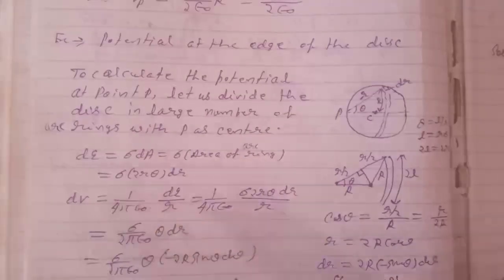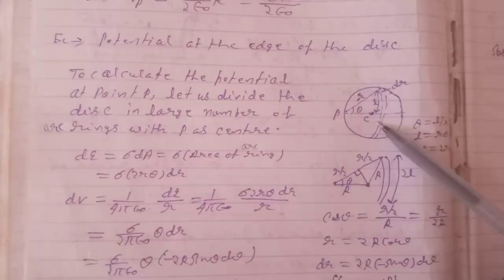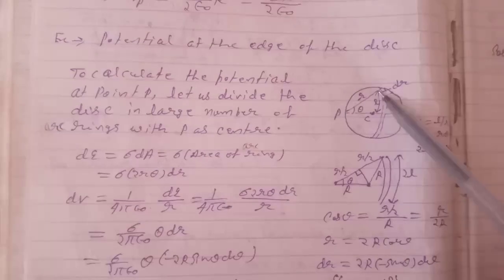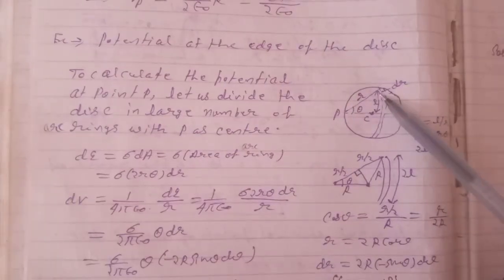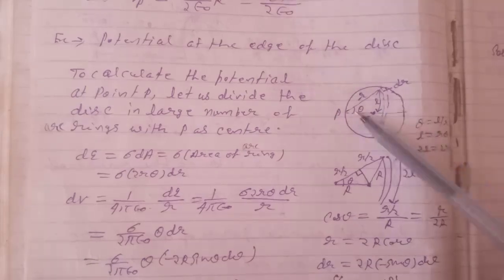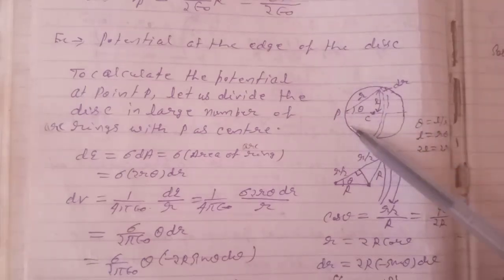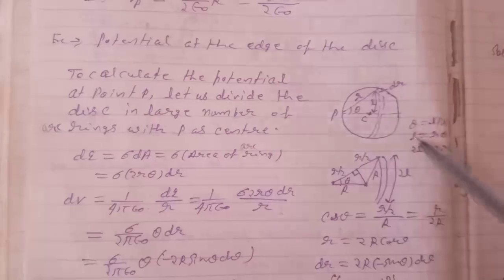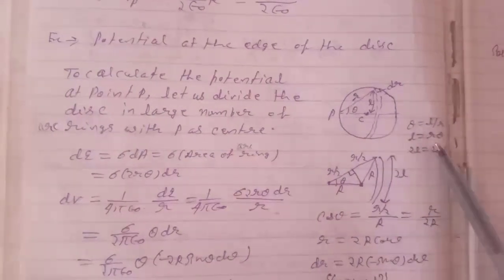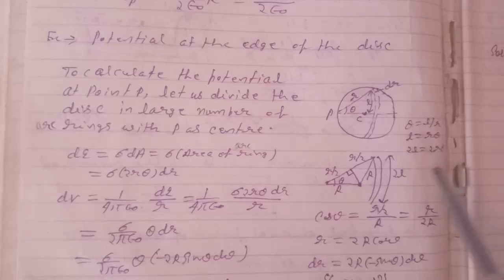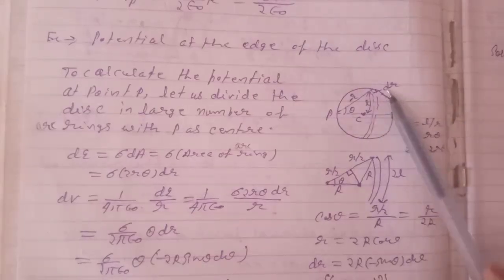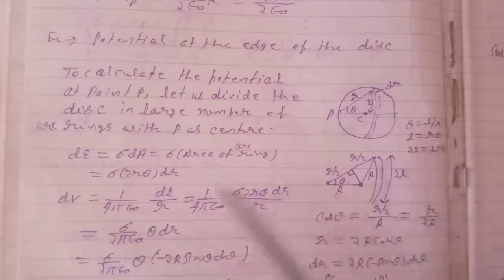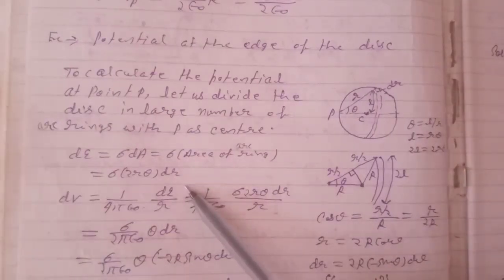So sigma into, in this case, the area will be, this is R, and if this is L, then theta equals L by R, so L equals R theta, so 2L will be 2R theta, and thickness is dr, so area will be 2R theta into dr.